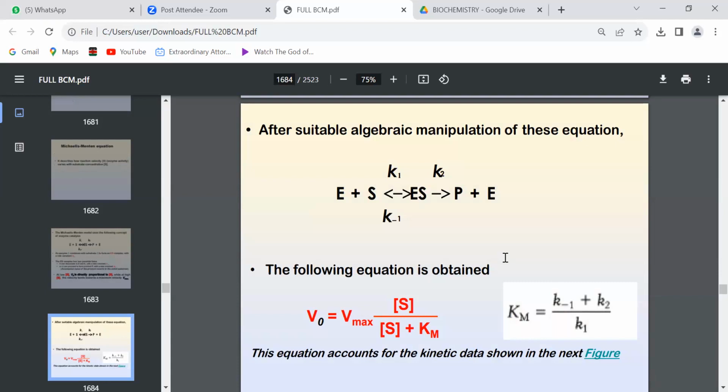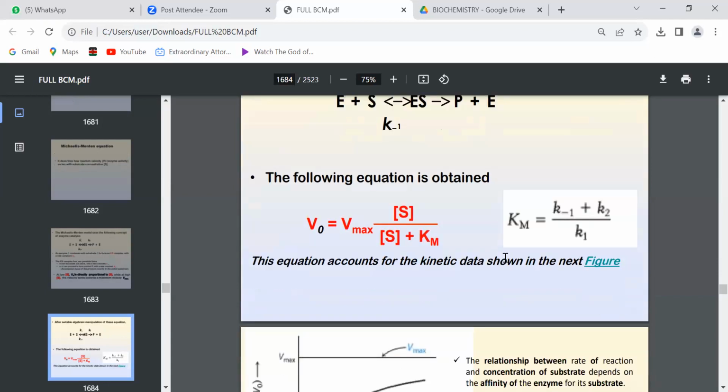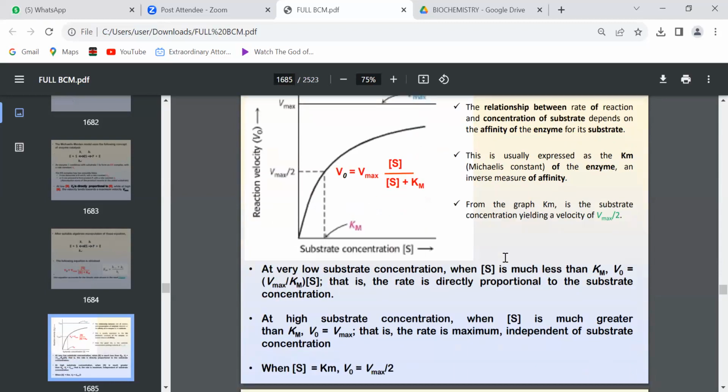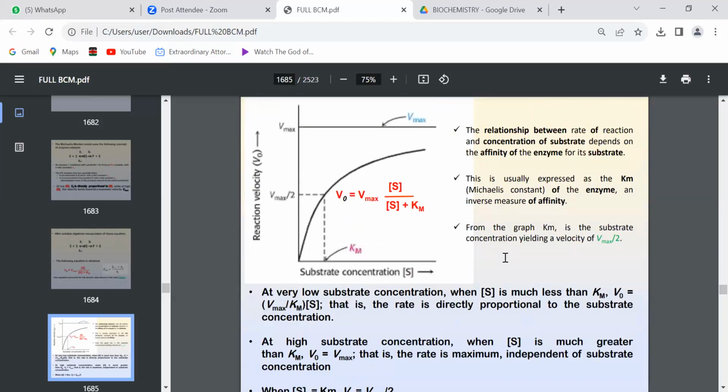And from this, Km is the substrate concentration that is needed to reach half Vmax.